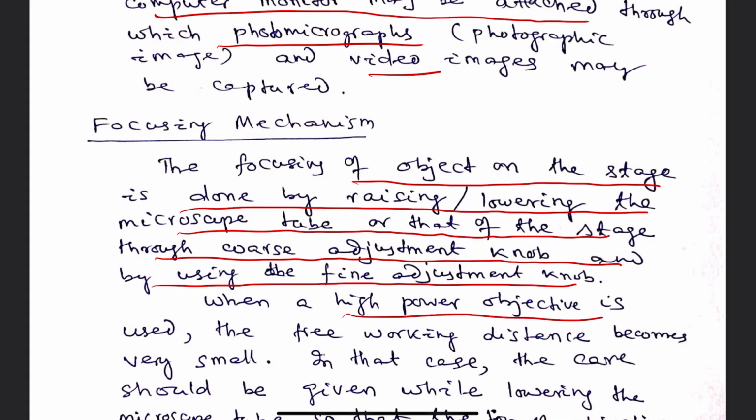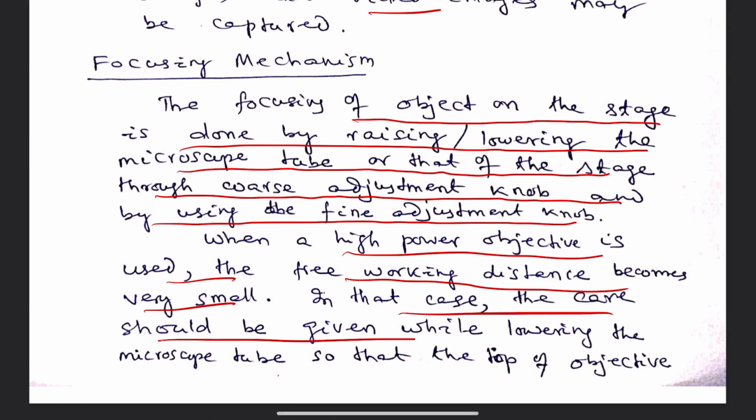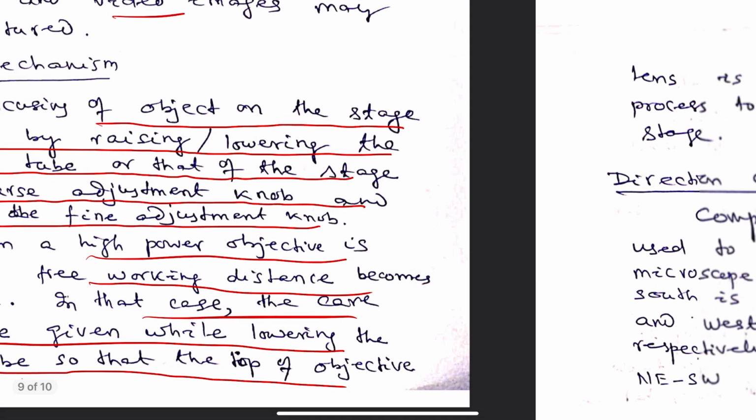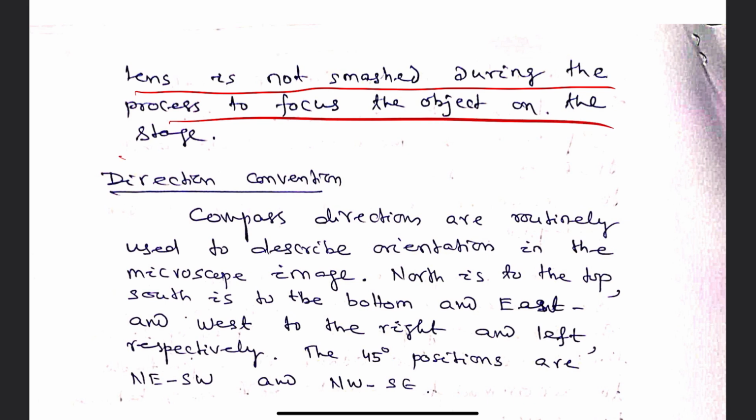When the high power objective is used, the free working distance becomes very small. In that case, care should be taken while lowering the microscope tube so that the tip of the objective lens is not smashed during focusing the object on the stage.